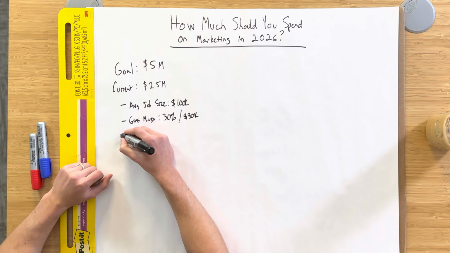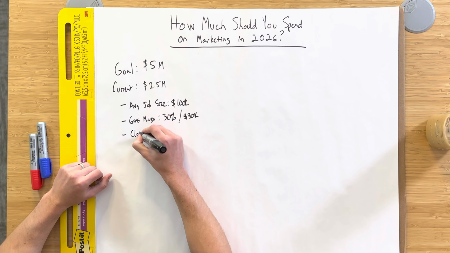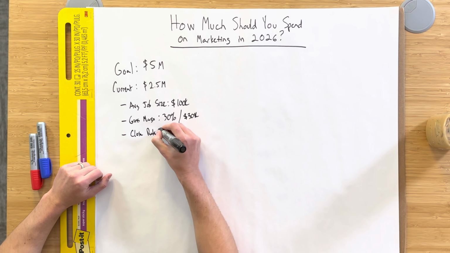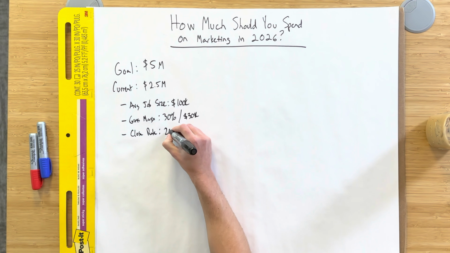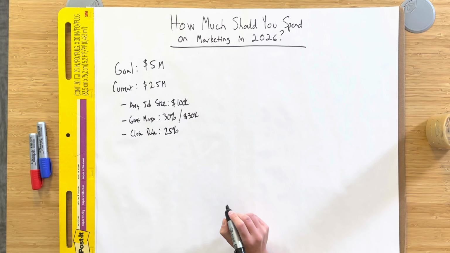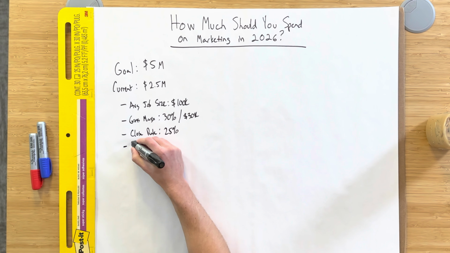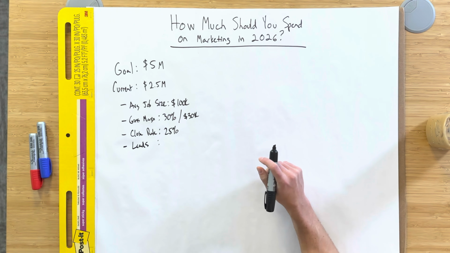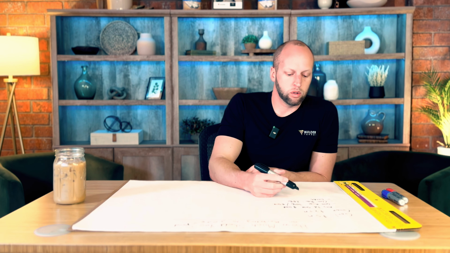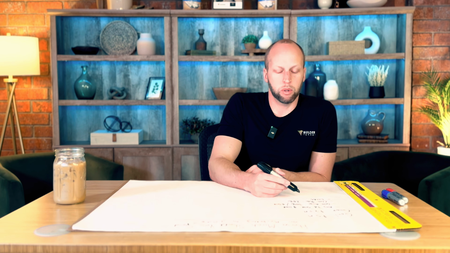Okay, so we've got average job size, we've got gross margin. We also need to know what our close rate is in sales, and we will use a 25% close rate. And then we also need to know leads. So we need to pull our lead count from the previous year.